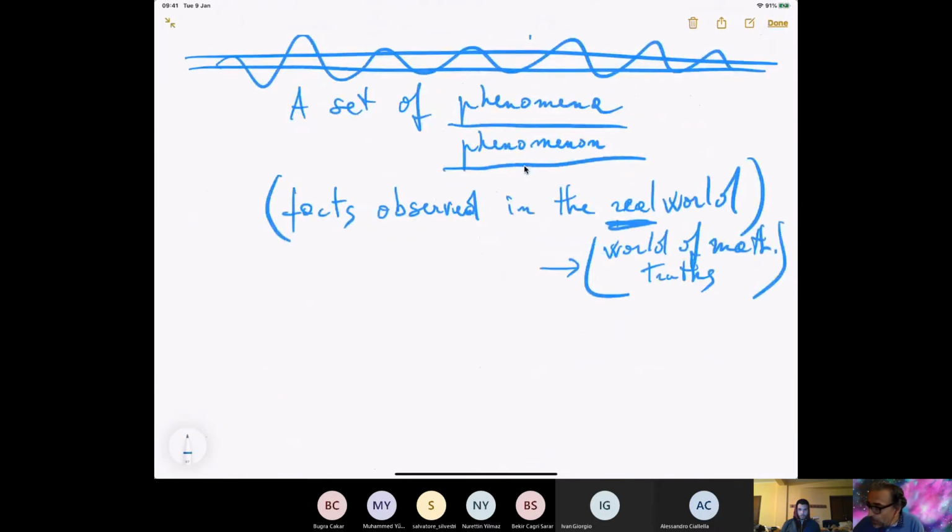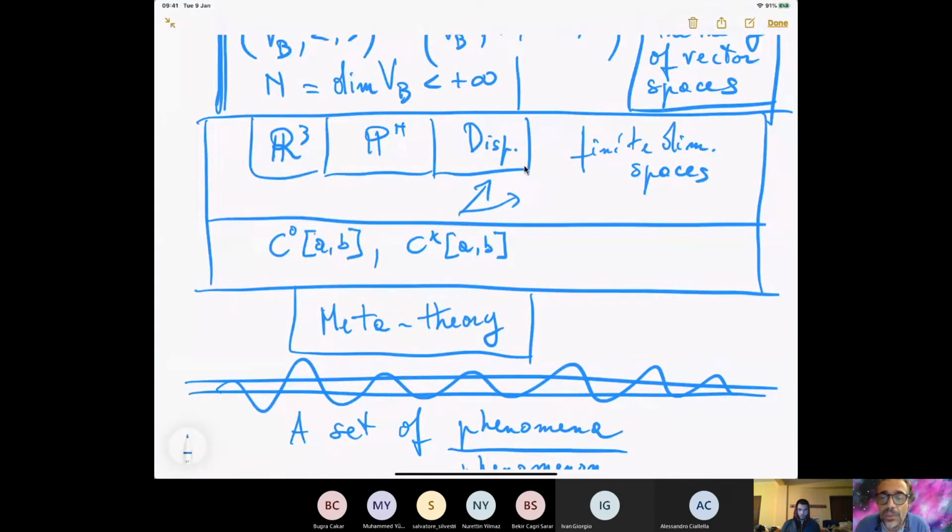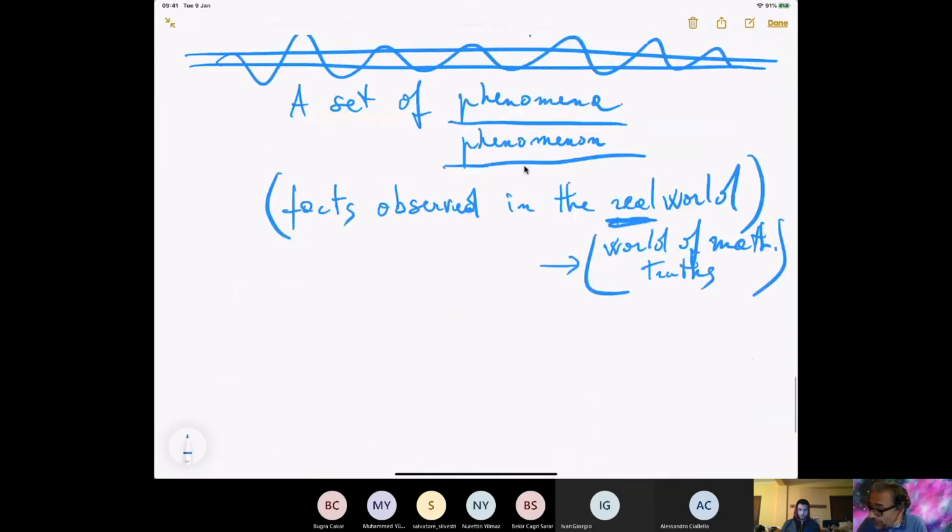So when we talk about a theory, we in general refer to phenomena in the world of mathematical truths. When we talk about physical theories, we talk about phenomena which occur in the real world around us.